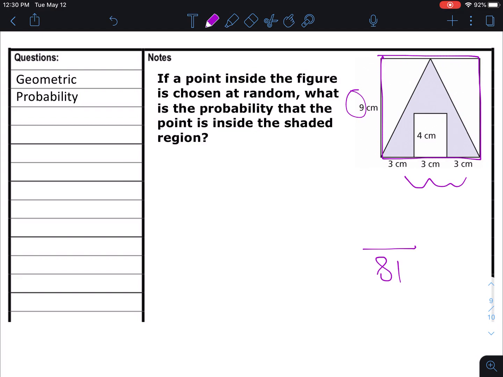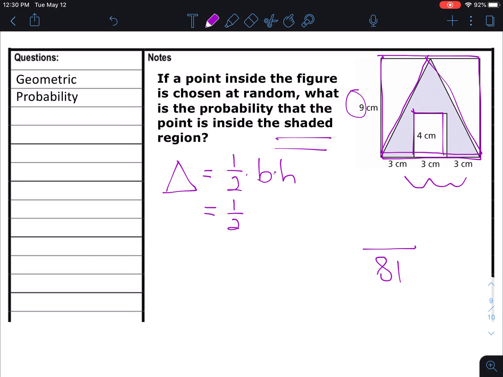Now, to find the area of the shaded region, which is what we're trying to find, we need to basically take this triangle right here and then subtract this chunk out of that. Okay, we've got to take that out. So to find the area of the triangle, remember that's 1/2 times base times height. So this would be 1/2 times the base, which would be the bottom.